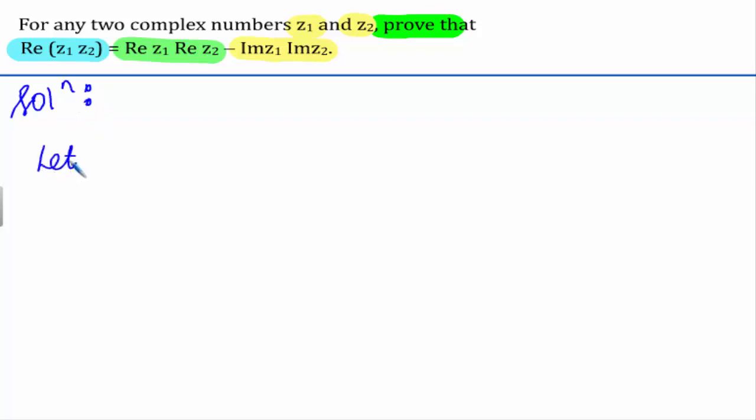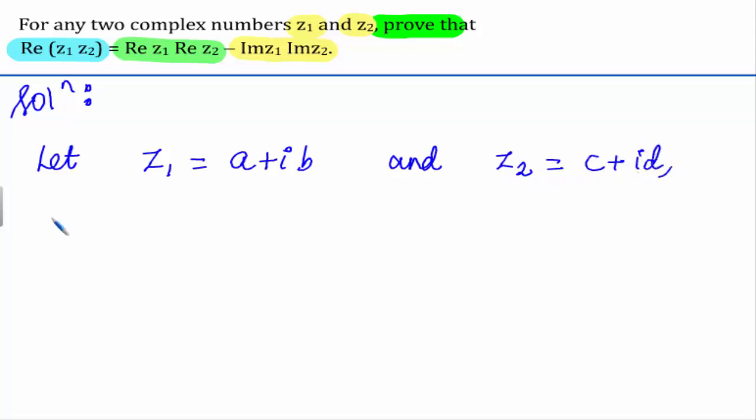First, let us assume that z1 is equal to a plus ib and z2 is equal to c plus id, where a, b, c and d are real numbers.